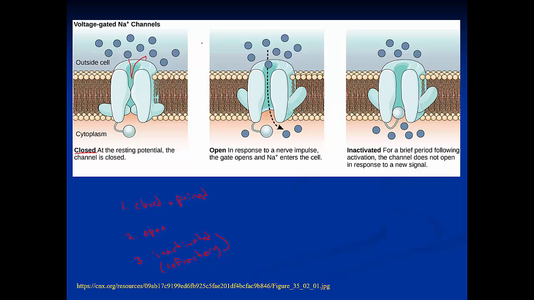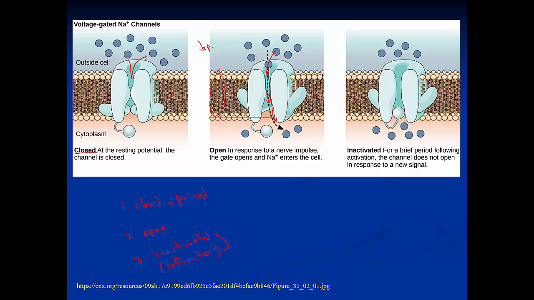Now, when we get a depolarization, one of the things to remember is electrical fields change the shape of proteins. So when the electrical potential here changes, it's going to alter the shape so that now the pore is open, and you can see then things are going to be able to come in.